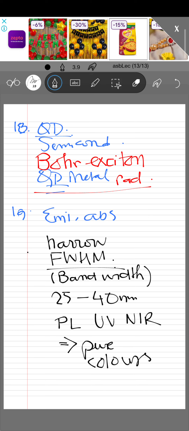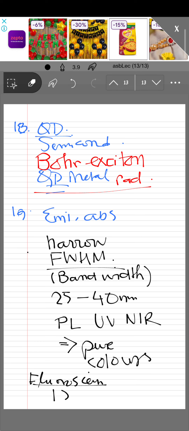However, in contrast, if we compare these with organic dyes like fluorescein, fluorescein has a bandwidth of 50 to 100 nanometers.